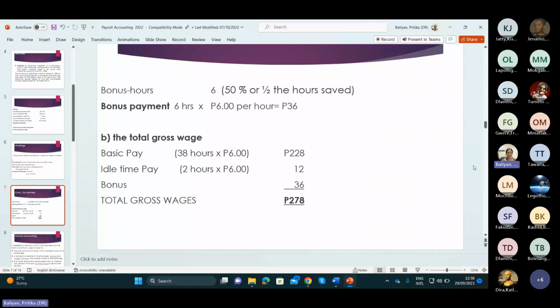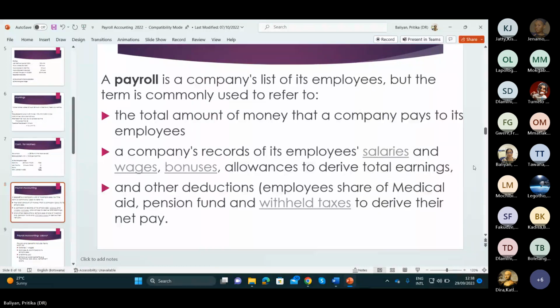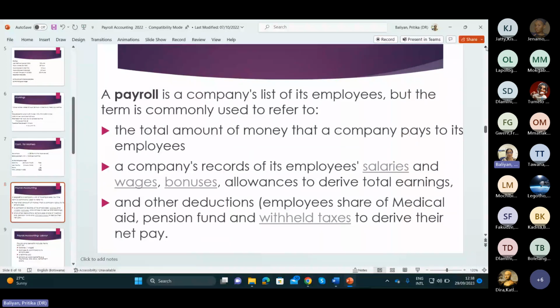Now, the next is payroll accounting. What is payroll accounting?